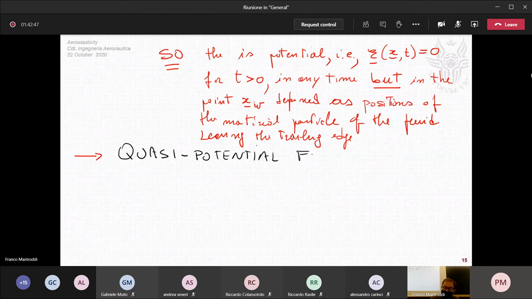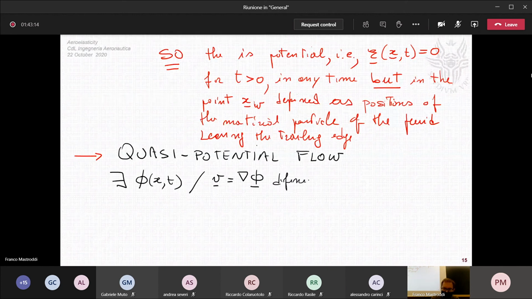Why quasi? Because we are stating that there exists a function of x and time such that v is equal to the gradient of phi, defined in any time. Look at this vision in 2D: here the body, and this is the domain.